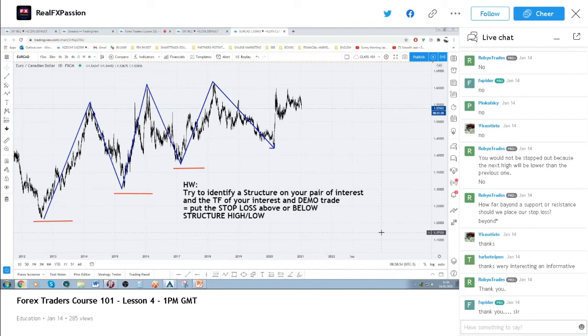One of the biggest reasons why retail beginners and semi-professional traders fail, and of course this is generalized, it depends on your trading style. If you're a scalper, intraday, day trader, swing trader, everything is a little bit different. But what we have found is that one of the big reasons is the wrong use of the stop loss.